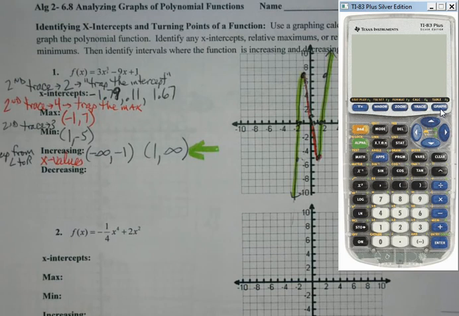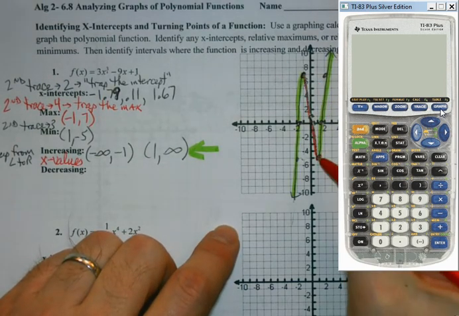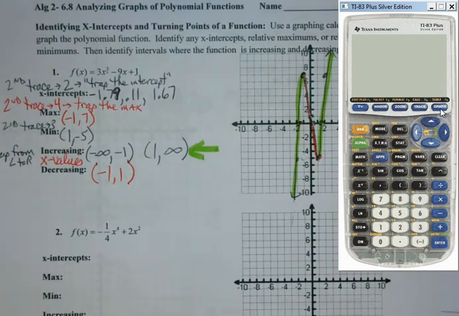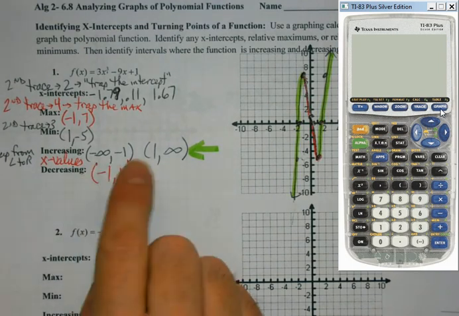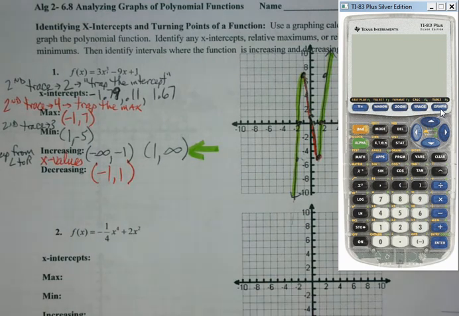Okay, and it looks like it goes right from -1 to +1. So when I get done with my increasing and decreasing parts, I should have covered the entire graph. From -infinity to -1, -1 to 1, 1 to infinity. I've covered everything from -infinity to infinity.